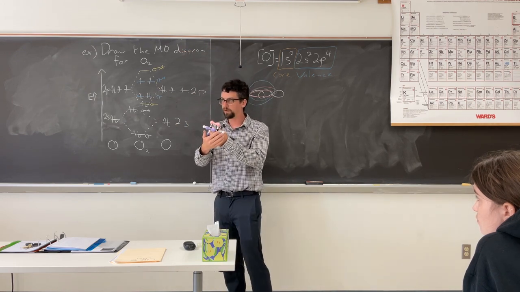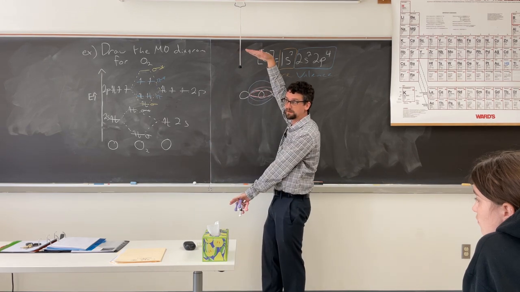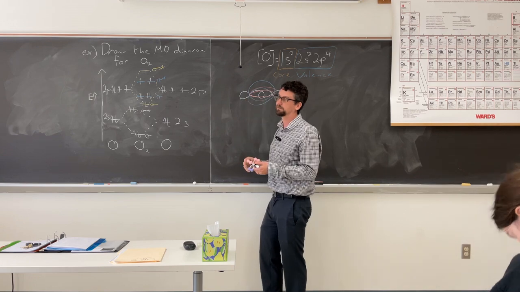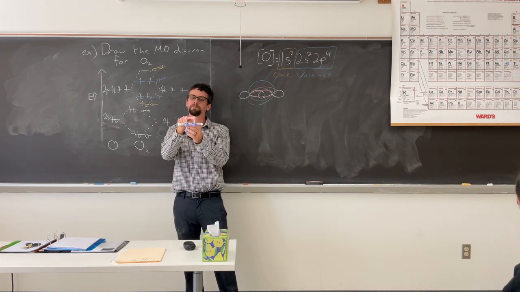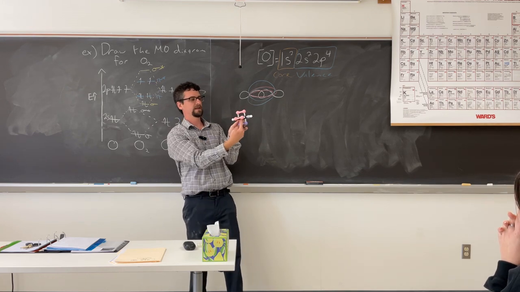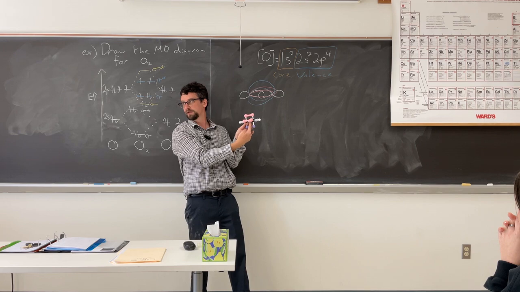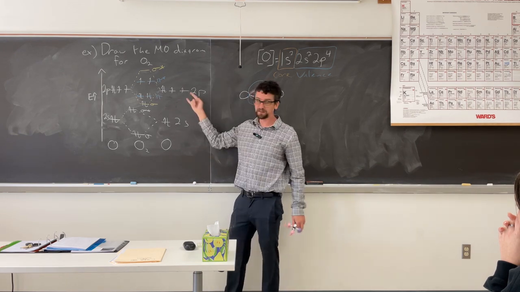The more overlap you have, the more dispersion, so it's going to increase the sigma star more. In this pi system, there's not as much overlap, as you can see in the sigma region, so the dispersion, that splitting, is less.